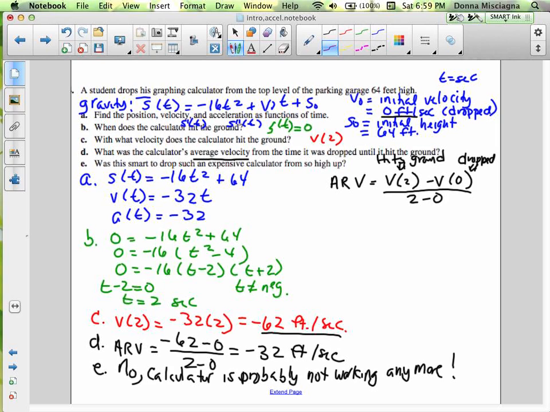You need a calculator on the AP test and in the class, so no, it was probably not such a good idea to drop your calculator. If you feel you need to drop something, well, drop something, it doesn't matter. Definitely not the calculator.